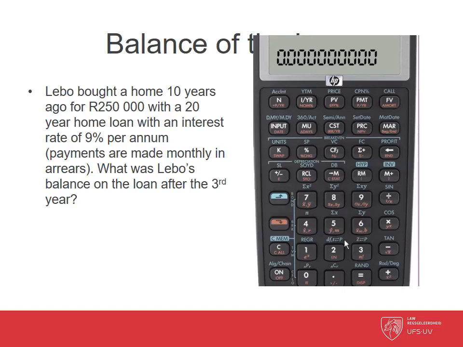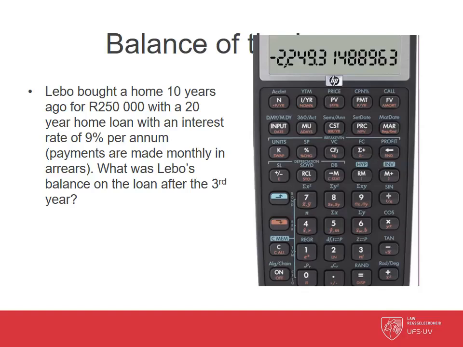You first calculate the monthly payment: 250,000 Rand at 9% interest, a 20-year home loan, second function n for 240 months, and I want to know what the payment is. That's exactly the same as the previous slide, 2,249 Rand and 31 cents.